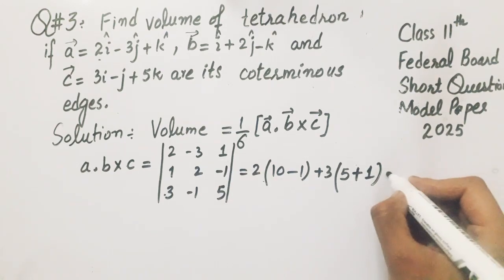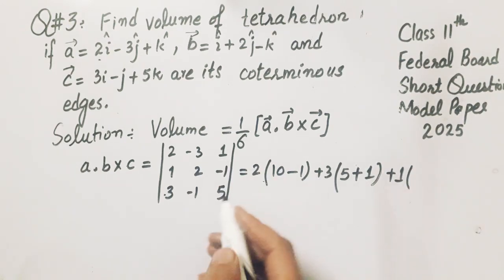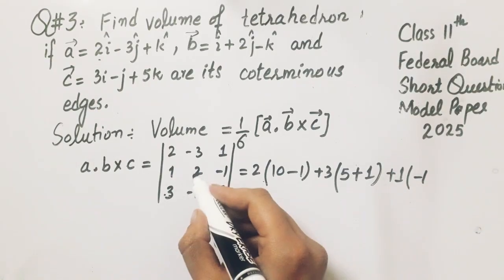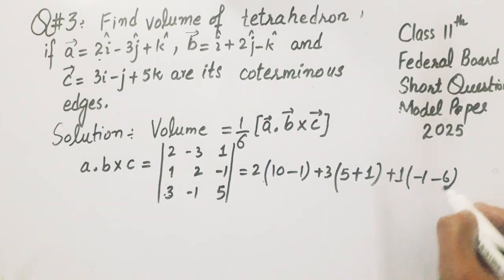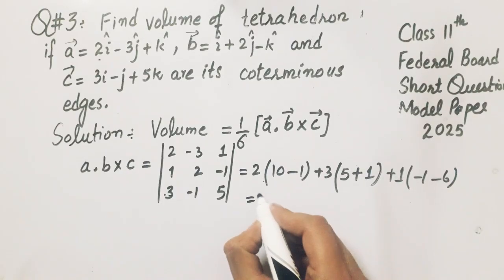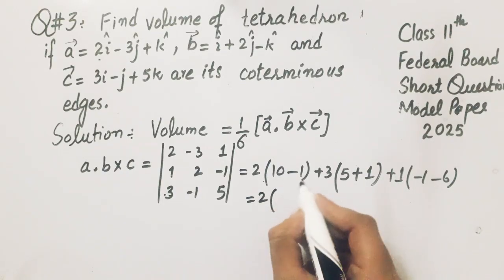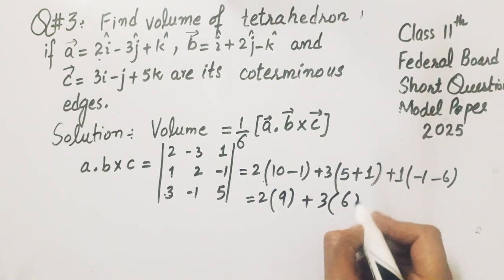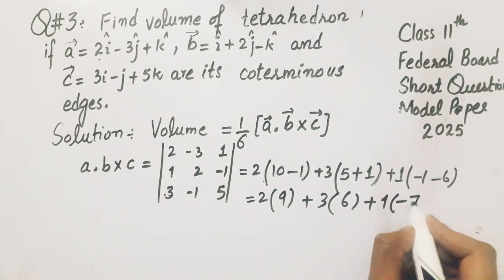Then plus 1, 1 into minus 1 is minus 1, 2 into 3 is 6 and then minus 6. So this will become 2 into 1 minus 10 minus 1 is 9, plus 3 into 5 plus 1 is 6, plus 1 into minus 7.